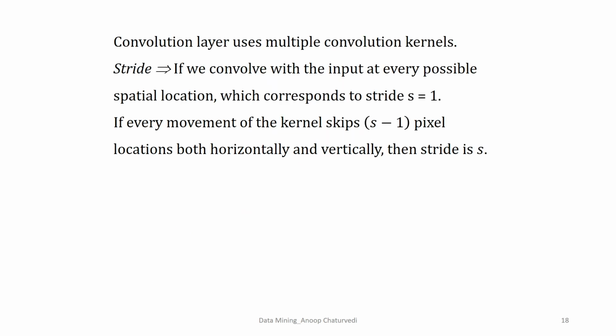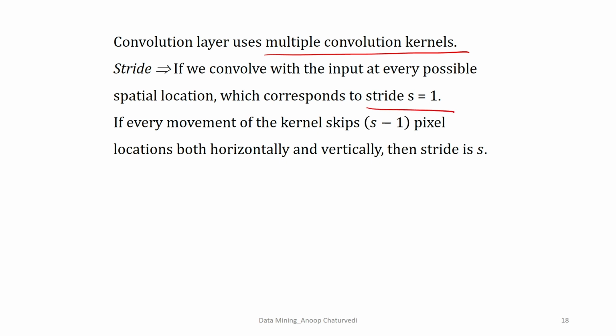For obtaining the convolution layer, actually we use multiple convolution kernels, and how to get the convolution layer using multiple convolution kernels, we will come to this point. Then stride: if we consider the input at every possible spatial location, that corresponds to stride s equal to 1.